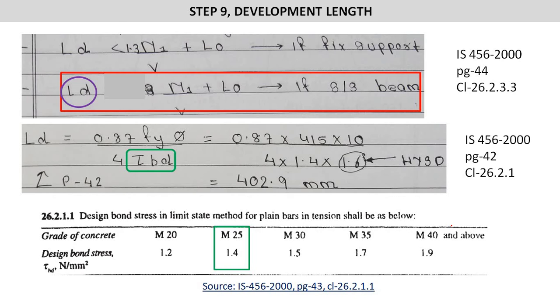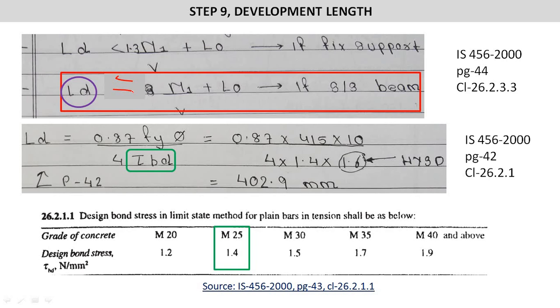In our case there is a simply supported slab, so we will use the equation for LD as LD is equal to M1 upon V plus L0. All these terms will be explained in the further discussion.